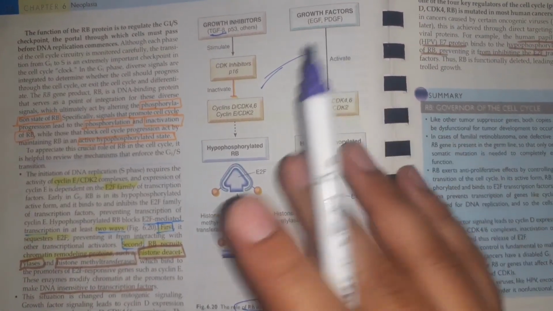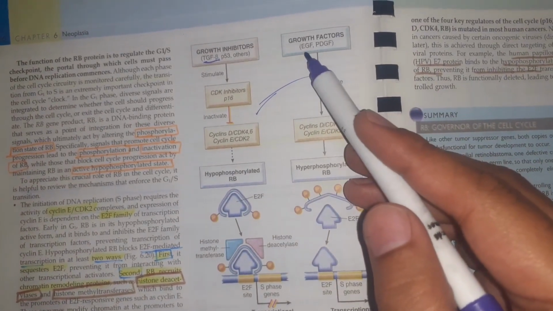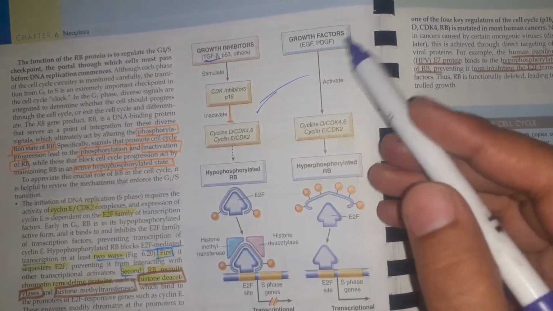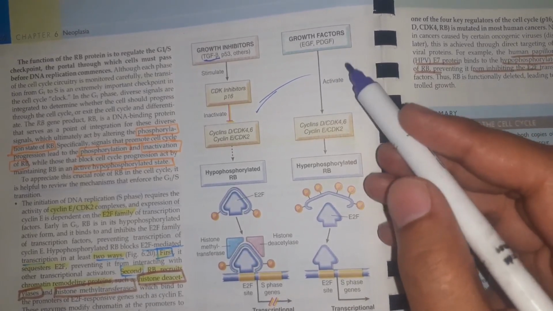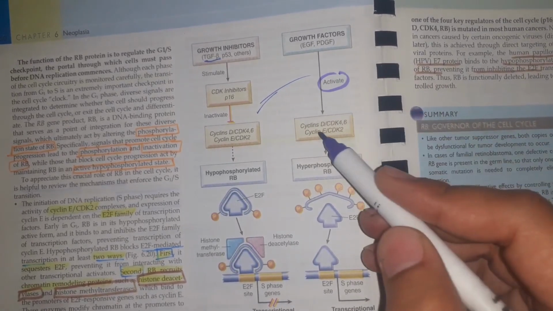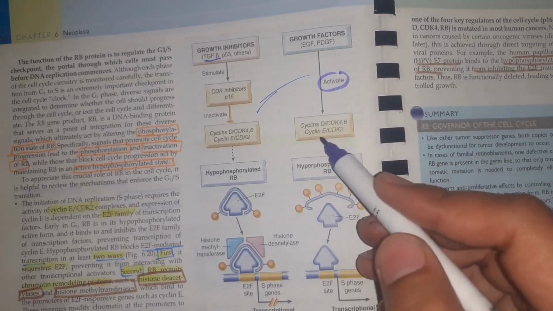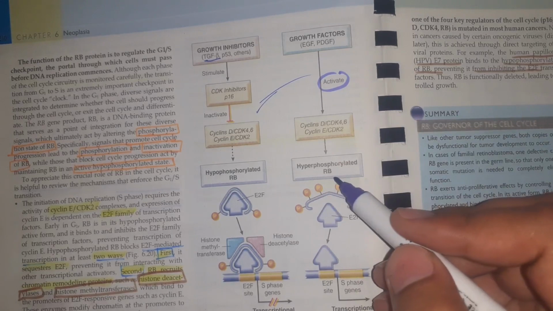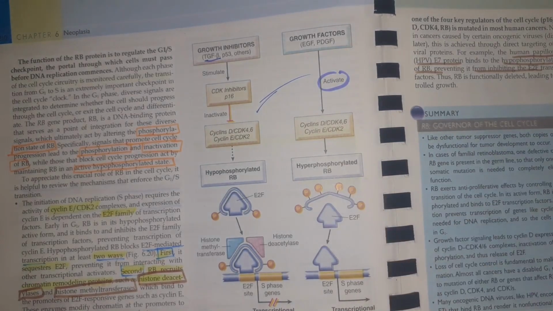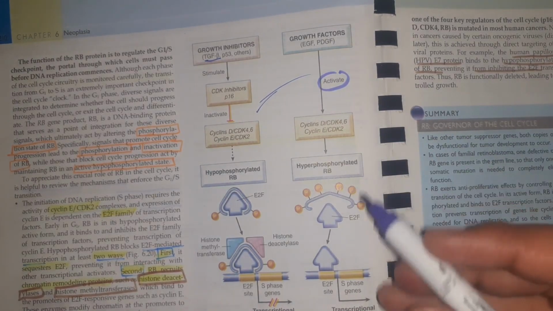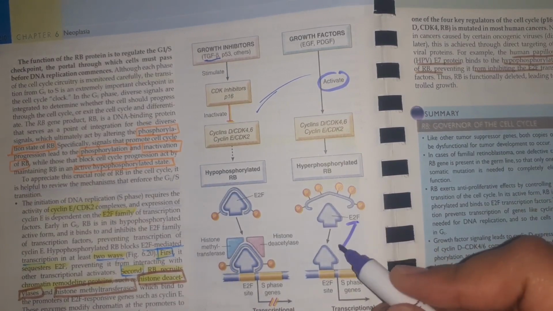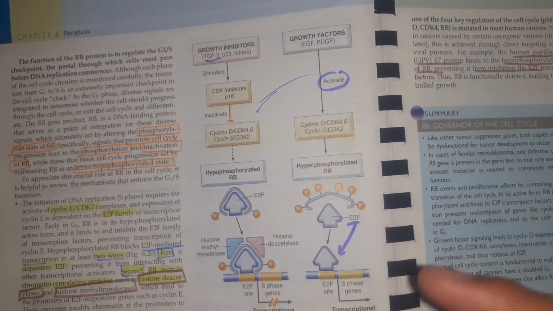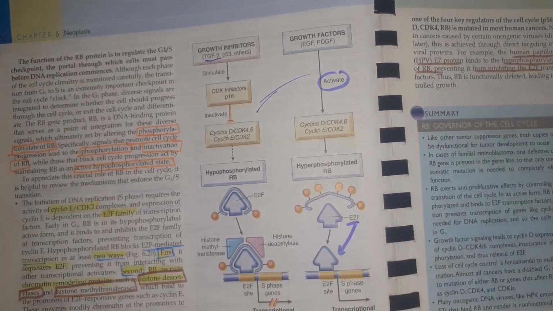You can see this is the growth factor in the form of epidermal growth factor and platelet derived growth factor, and when this growth factor came, it activated cyclin D and CDK4/6. Moreover, it also increased cyclin E and CDK2, and the hypophosphorylated retinoblastoma became hyperphosphorylated, and it released E2F. This E2F binds to DNA and leads to the production of cyclin E, and then the S phase started.